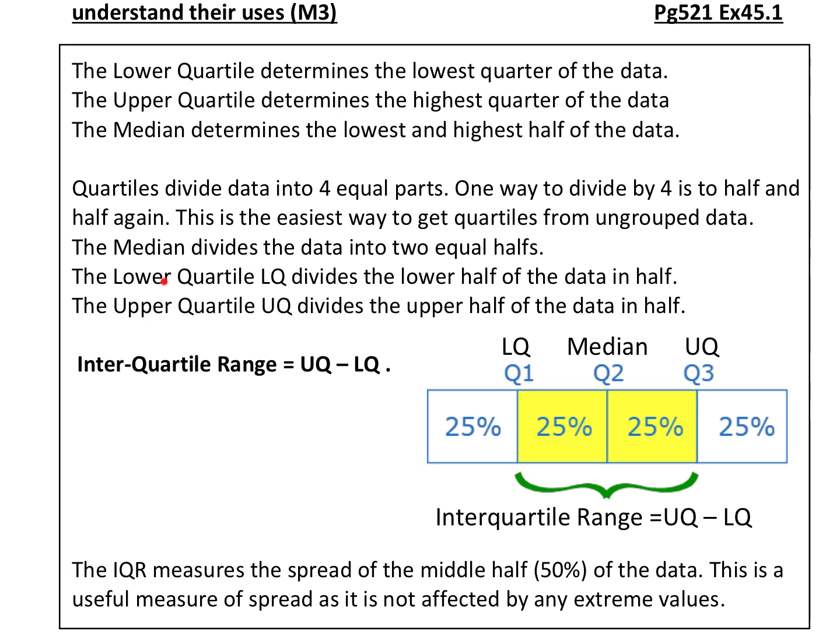We use LQ for lower quartile, UQ for upper quartile to keep it quick. And then once you have those values, you can work out the interquartile range by getting the upper quartile and subtracting the lower quartile from it. So from the diagram, you can see here is the lower quartile, sometimes called Q1, and the upper quartile Q3.